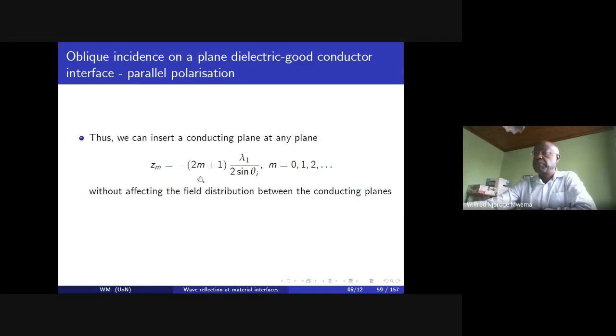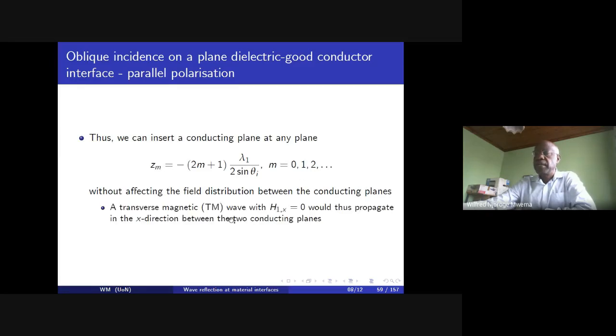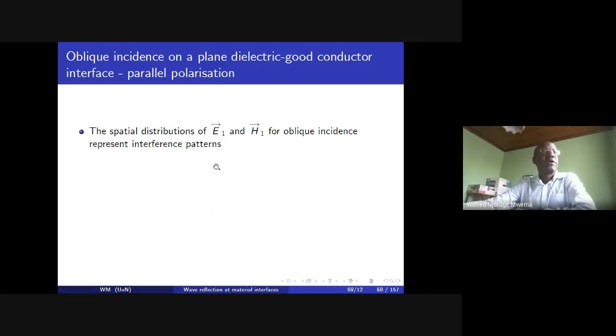Therefore, when it's placed at those values of Zm, it will not affect the distribution between the conducting planes. A transverse magnetic TM wave, that is where H1 of x is equal to 0, would thus propagate in the x direction between the two conducting planes. Again, that is what we call a parallel plate waveguide.